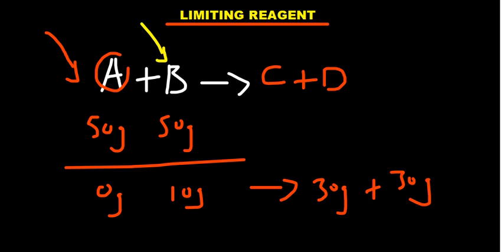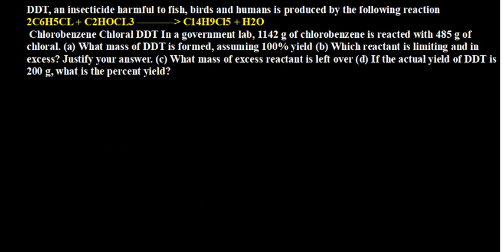Now that we've understood the basic concept of the limiting reagent, how do we deal with the calculations? We will deal with calculations by using the number of moles. Let's look at a practice example. DDT, an insecticide harmful to fish, birds and humans, is produced by the following reaction. The reaction has been shown.